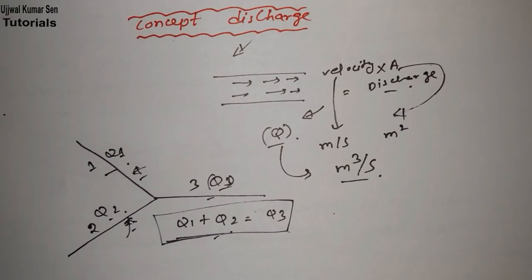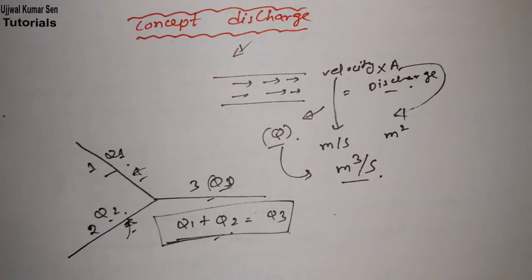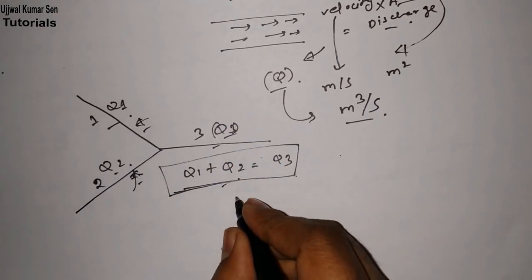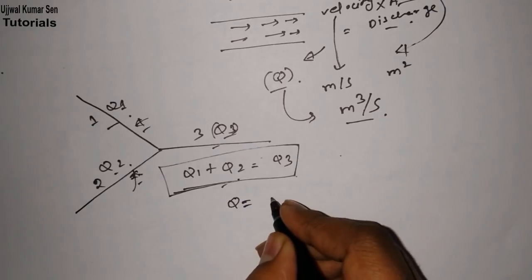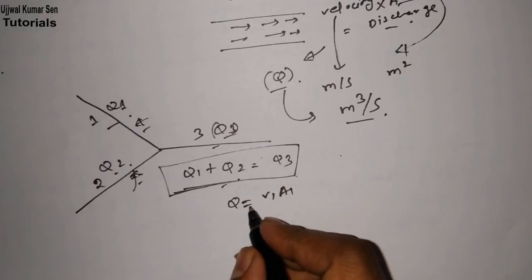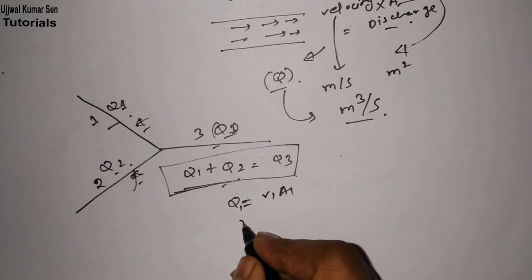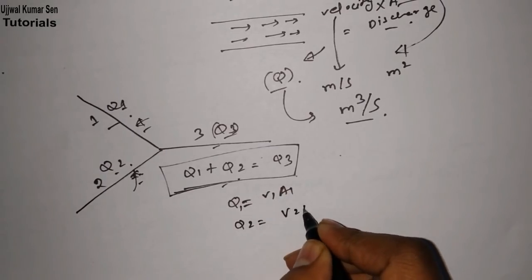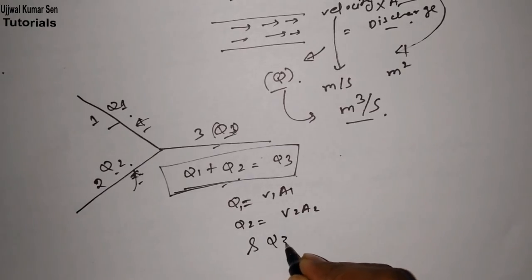So this is all about discharge, its unit and its formula. We know that Q is equal to V1 A1. Q1 is equal to V1 A1, Q2 is equal to V2 A2 and Q3 is equal to V3 A3.